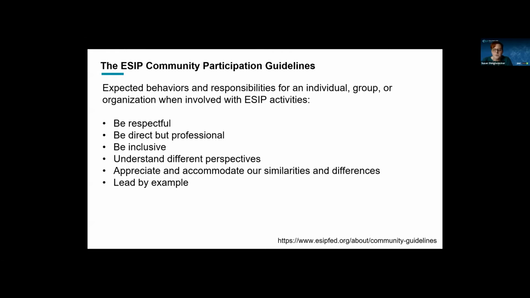ESIP welcomes contributions from everyone who shares our goals and wants to contribute in a healthy and constructive manner. As such, we have adopted these community participation guidelines as our code of conduct and require all those who participate to agree and adhere to these guidelines in order to help us create a safe and positive community experience for all. The ESIP community participation guidelines describe expected behaviors, as you see here, and responsibilities when involved with ESIP activities.